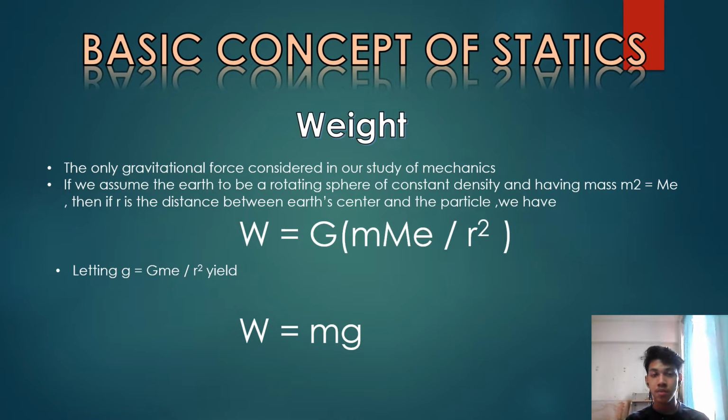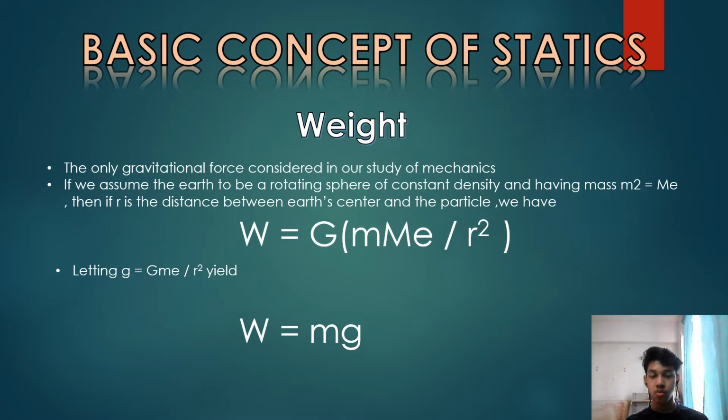Next, we are going to talk about weight. Weight is the only gravitational force considered in our study of mechanics. If we assume the Earth to be a rotating sphere of constant density having a mass m2 equal to Me, then if r is the distance between the Earth's center and the particle, we will have a new formula, which is W is equal to G times m times the mass of Earth divided by r squared.